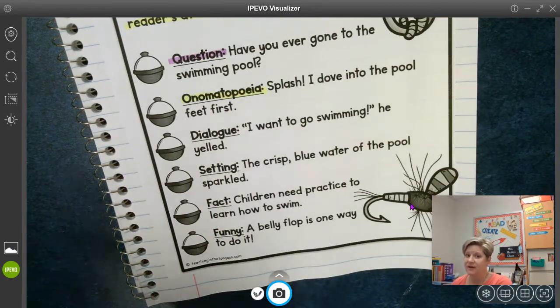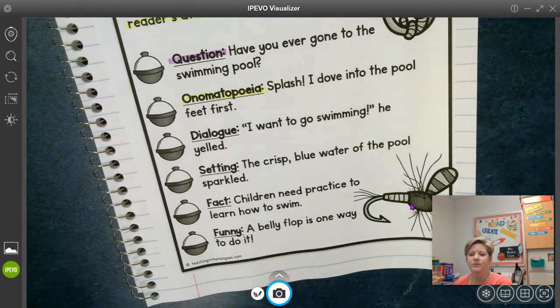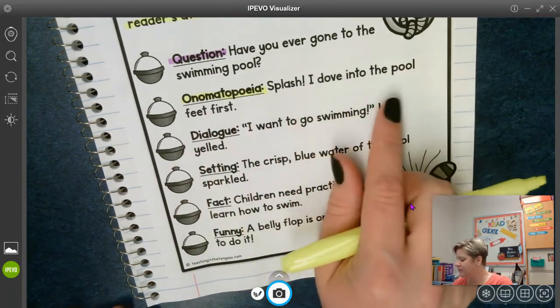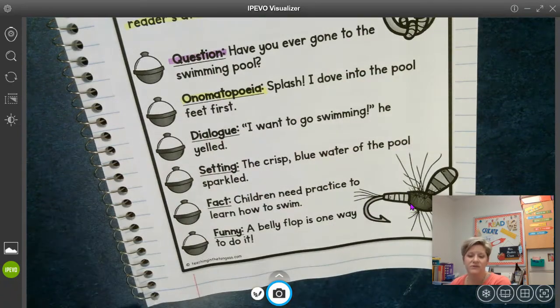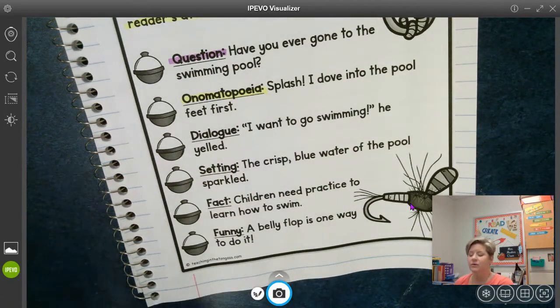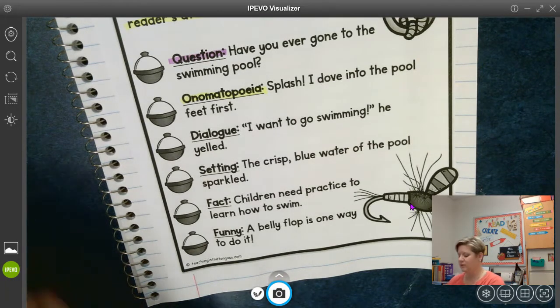So they're really fun to say out loud and then to use in your story to grasp your reader's attention and kind of give your reader an idea of what is going on. So you could say, "Splash," I dove into the pool feet first. When you read splash, your readers can almost picture themselves jumping into the pool and what that splash sound would be.